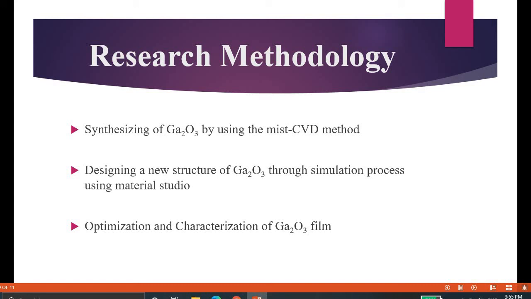Lastly, the last stage of the method that I'm using is optimizing and characterization of the gallium oxide thin film. We have optical characterization and also structural characterization.